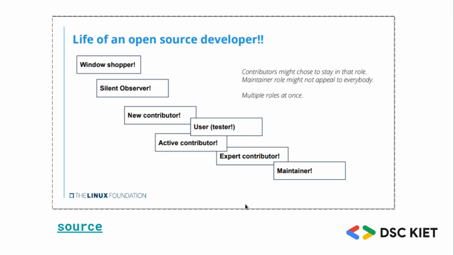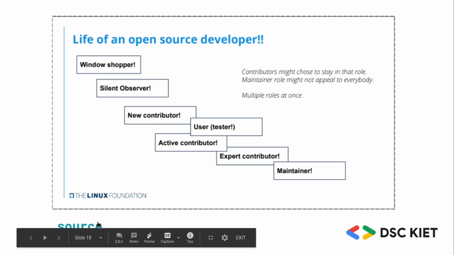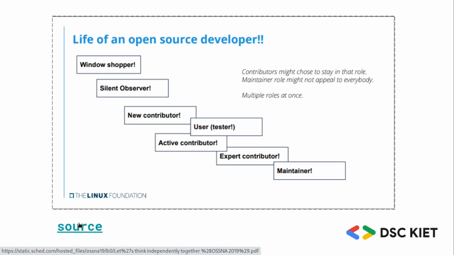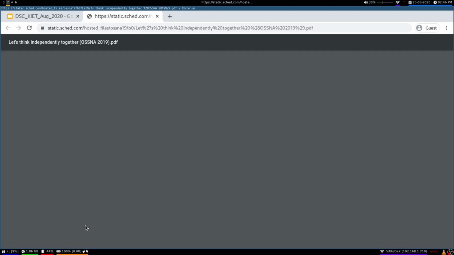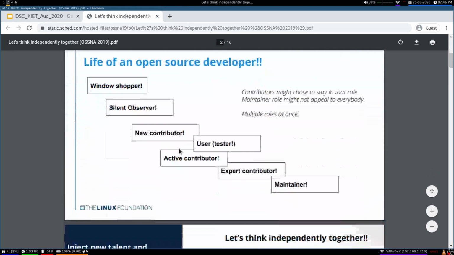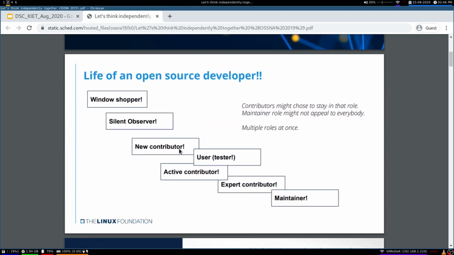So this is a slide from a workshop at a Linux conference presented by Shuah Khan, and I have given the link to it. She was also trying to explain how a new kernel developer enters the community. I guess the steps are similar.